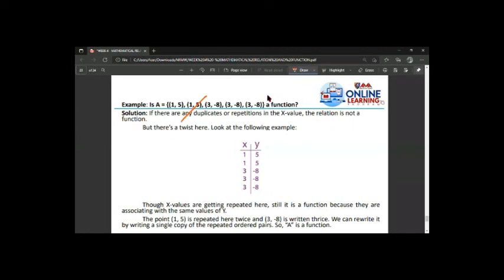Yung 3, -8 is 3. So, tanggalin mo yung dalawa. Then, you rewrite it kung ano ang natira. So, now, is this a function or a relation? Is this a function or a relation?